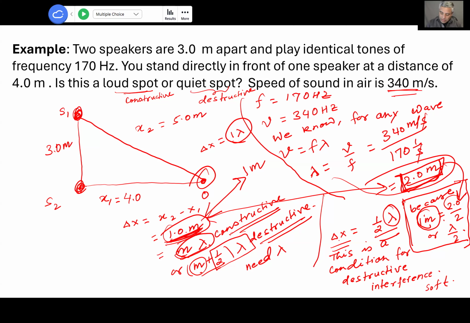So whatever number you get here, you compare that with the wavelength and see if it is exactly an integer multiple or otherwise, to see the constructive or destructive. So that's how we figure that out. Anything else? Okay, let's move on then.